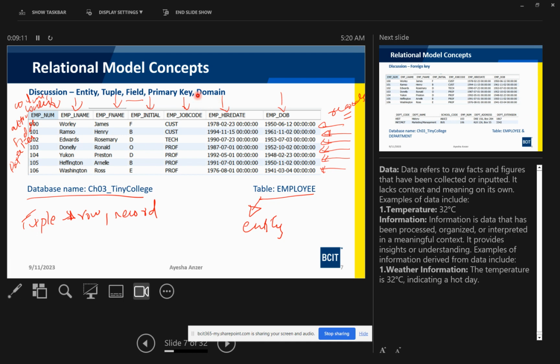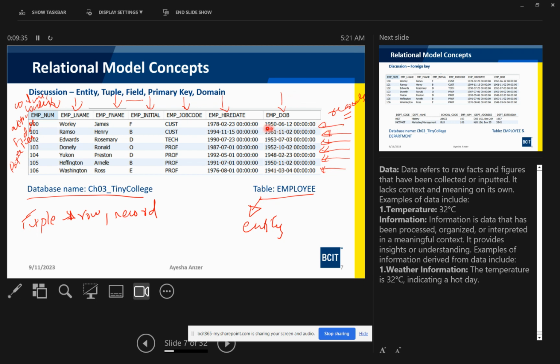Then we have something called a domain. The domain here means the set of allowable values. So for example, if we look at DOB, we can set our domain to a set of ranges as well.